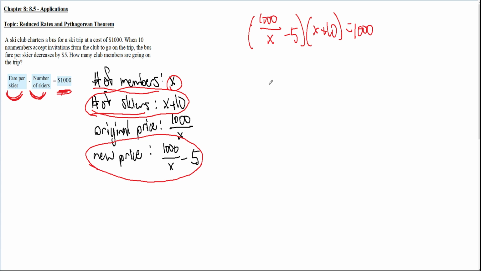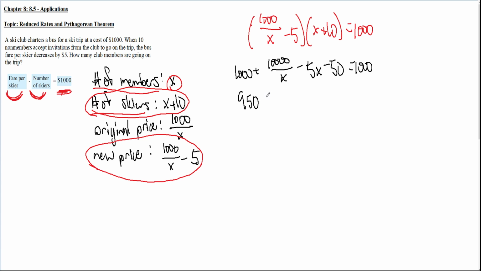And so all we have to do is just FOIL this out. When we do that, we end up with 1,000 plus 10,000 divided by x, and then minus 5x minus 50, equal to 1,000. The next thing we want to do is combine the like terms real quick.